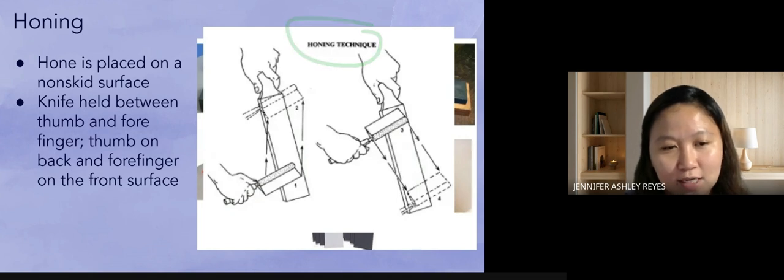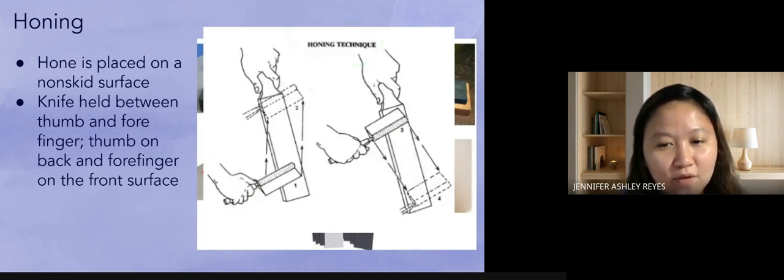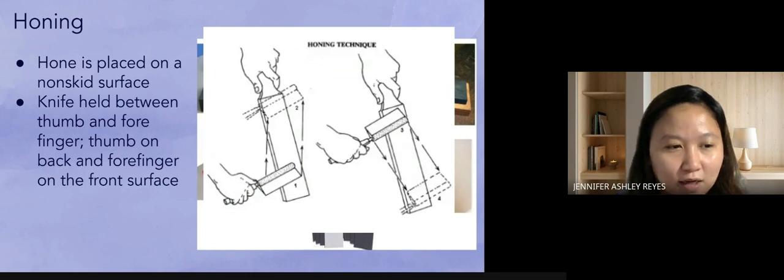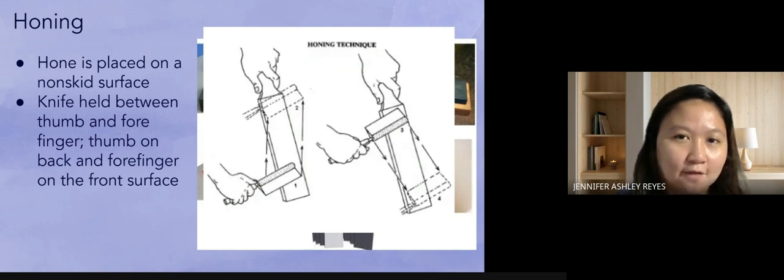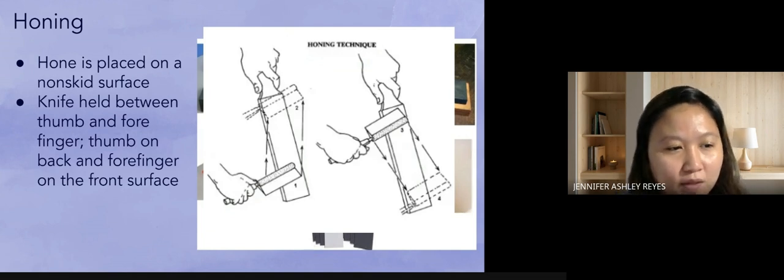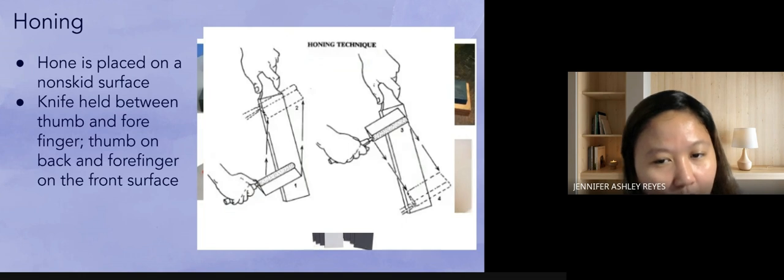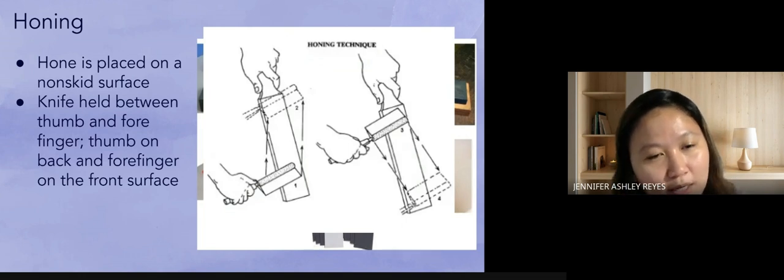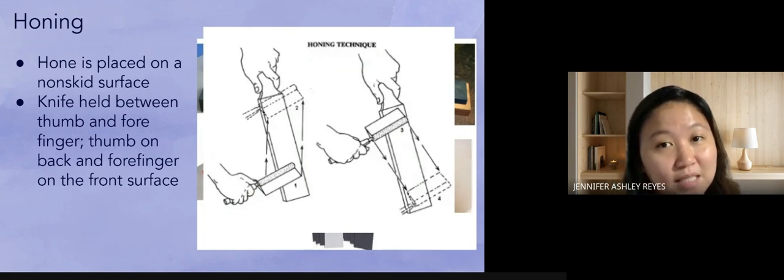That's important because we want to remove any nicks that are going to ruin your section, and we don't want those artifacts present in our tissues. Again, honing is like sharpening and it removes any microscopic nicks that will ruin your section eventually.